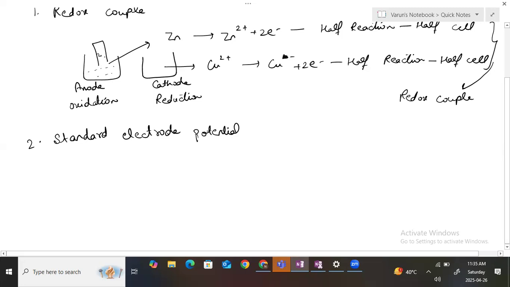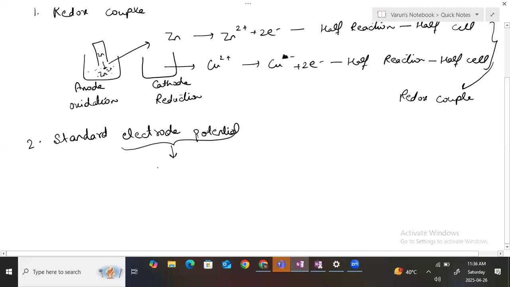Zinc is getting converted into Zn2+ ions, which means the electrons were left on the electrode. So on the electrode there were electrons and in the electrolyte we have the cation. Correct? Yes, ma'am. So negative charge on the electrode and positive charge in the electrolyte creates a potential difference between the electrode and electrolyte.